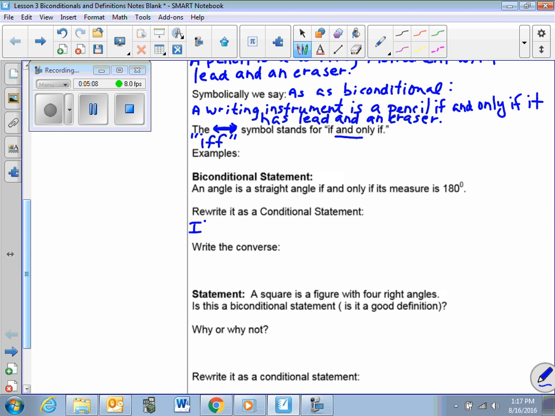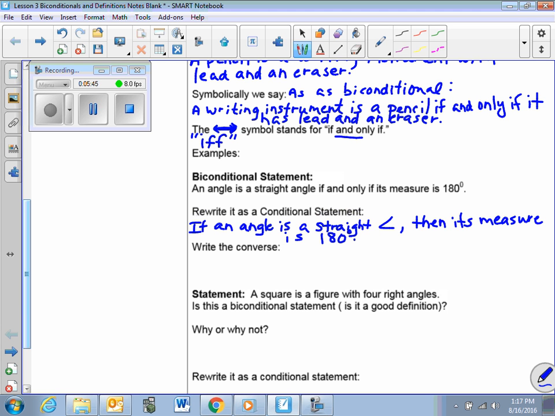Okay, if an angle is a straight angle, I'm going to use my angle symbol there, then its measure is 180 degrees. Okay, if that's my conditional statement, then the converse of that must also be true for the biconditional to be true. So what is the converse of this?